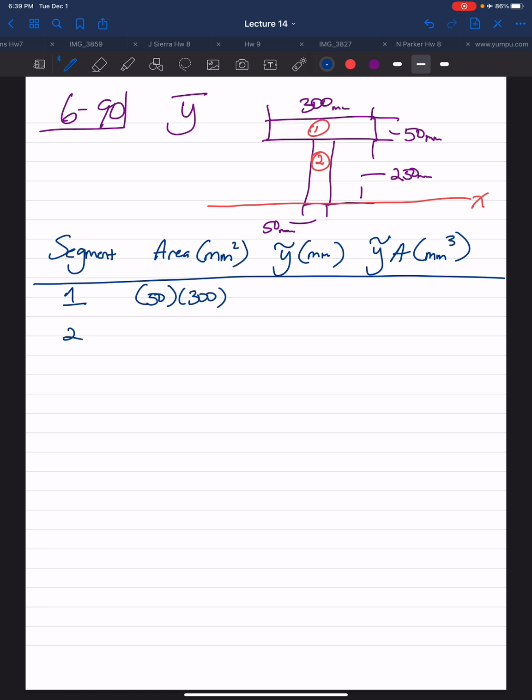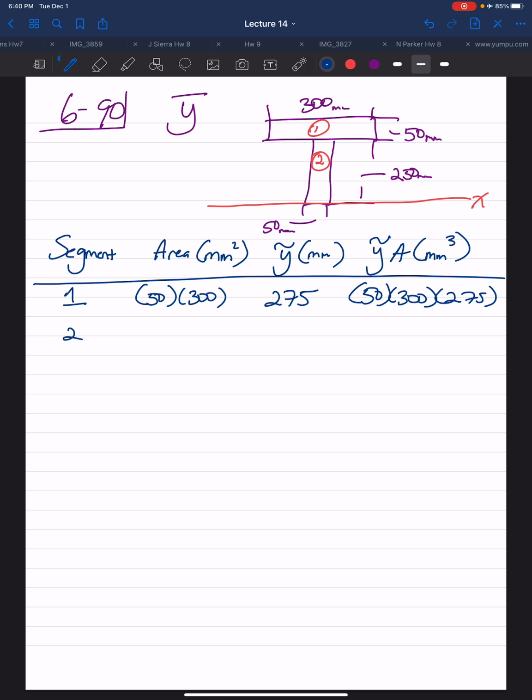The location of the centroid of segment 1 from the bottom x-axis, we have to go up 250 millimeters, then for rectangles located in the center, so that is 250 plus 25 gives you 275. Is the location. So our y wavy A is multiplication 300 times 275.